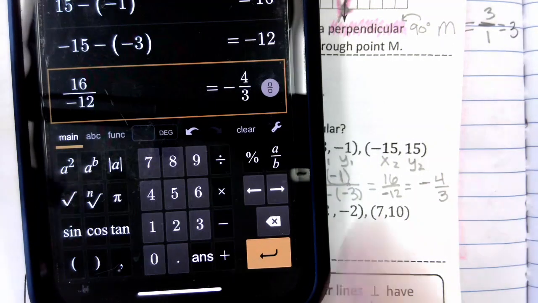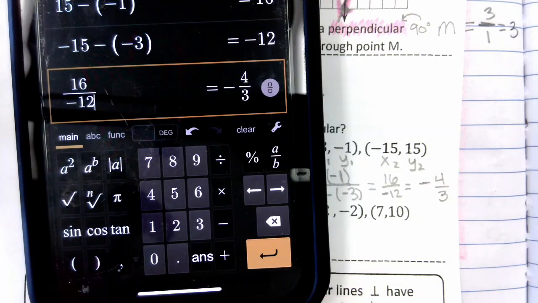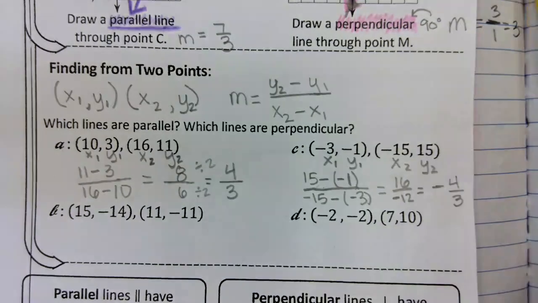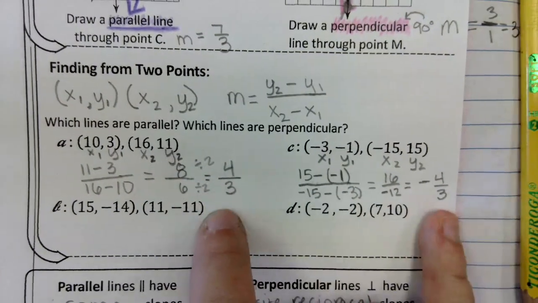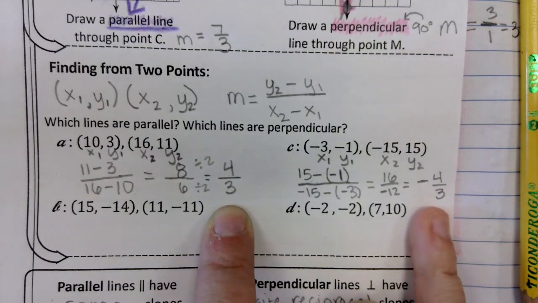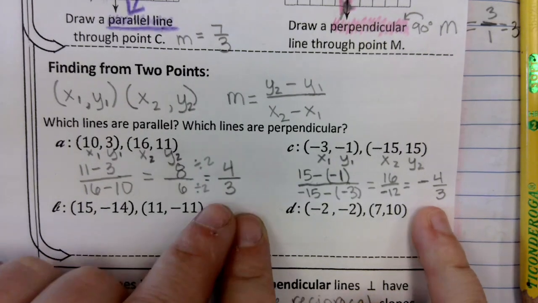Alright, let's compare the slopes that we have. Are C and A parallel? Are they the same? They are? Yeah, one's negative, so are they exactly the same? No. Okay, are they opposite reciprocals?